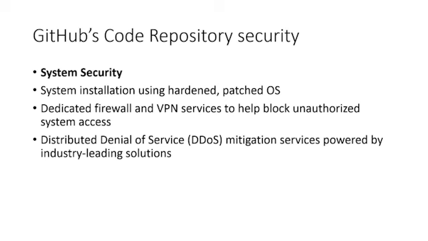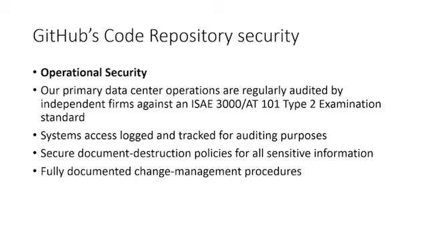So they have a way of protecting their own systems. So they have, so far, pretty good defense in depth. They got physical security. They got system security. They have operational security. Their primary data center, as they have listed on their website, operations are regularly audited by independent firms.